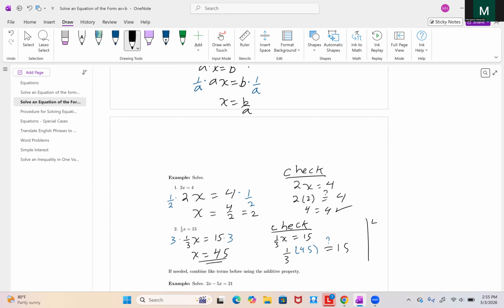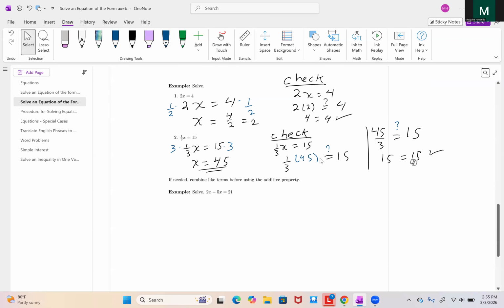So 45 times 1 over 3 is 45 over 3, which is equal to 15. 45 over 3 is 15. 15 is equal to 15. This is an identity that tells us x = 45 is a solution.